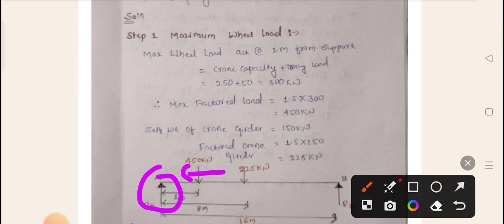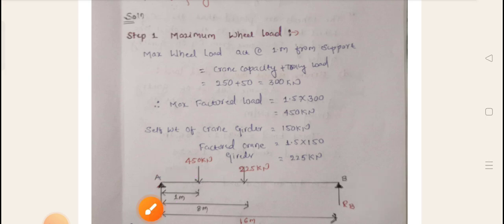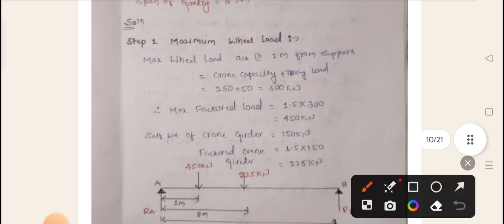Because in the question itself the maximum hook approach is 1 meter, I will place this 450 kilonewton hook load at a distance of 1 meter. If it is given 1.5 meter, you place it at 1.5 meter. If it is given 0.9 meter, you place it at 0.9 meter. So this is placed here.